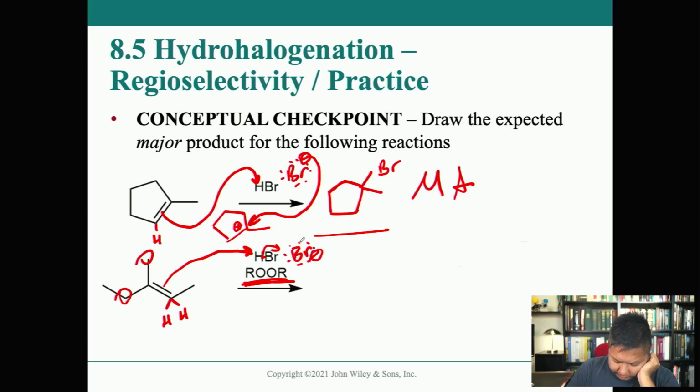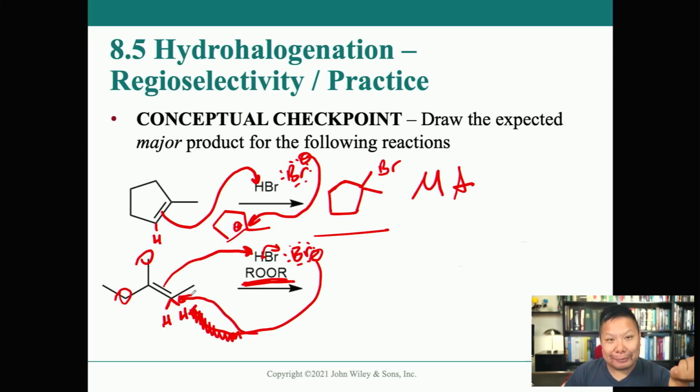We'll come over and pull off this proton right there. Why is it doing that? I have no idea why it's doing that. It shouldn't be pulling off a proton at all. It should be doing a nucleophilic attack on this carbon here. You see what happens when you skip steps when you're drawing these things.